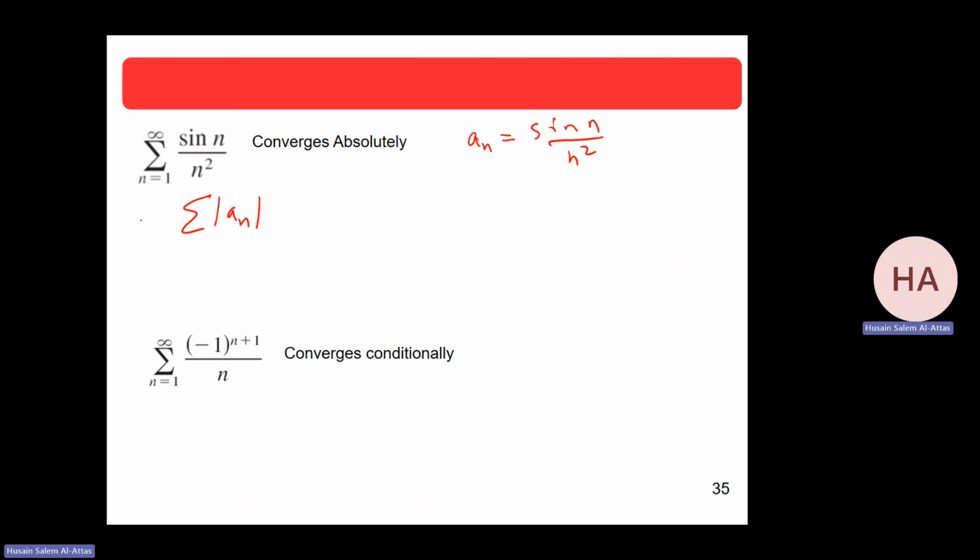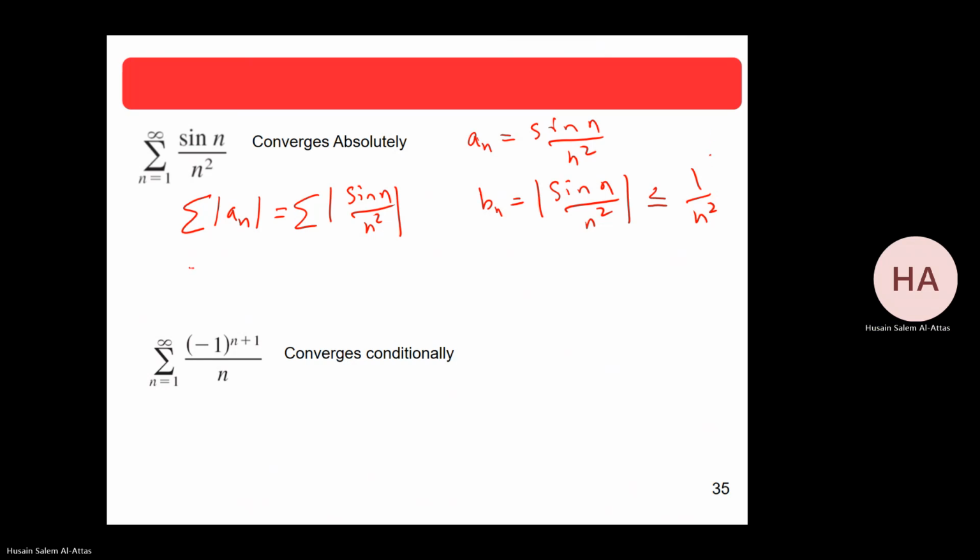Take the absolute value: the series of the absolute value of a_n, which is the series of the absolute value of sine n over n squared. So I have b_n, which is the absolute value of sine n over n squared. This one is less than or equal to 1 over n squared, and this converges. The summation of 1 over n squared converges.